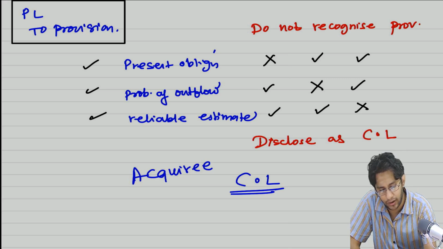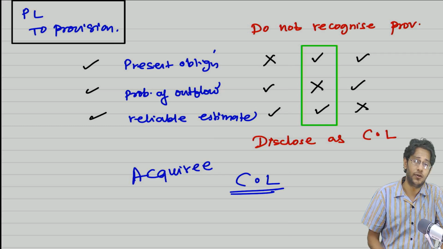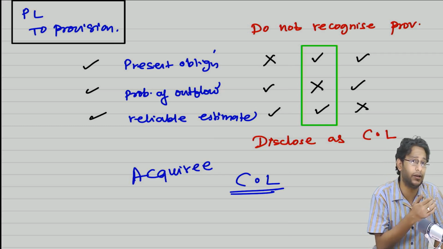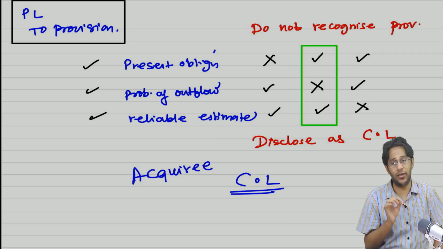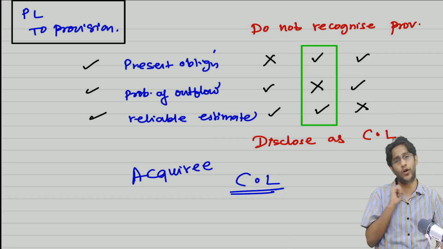If you are having a contingent liability which falls into this category, that means there is a present obligation arising as a result of past event, reliable estimate, third condition also passed, but chance of outflow is not there. Therefore, you have disclosed it as a contingent liability.